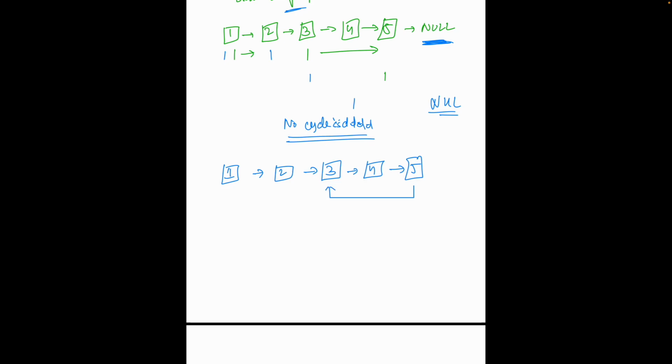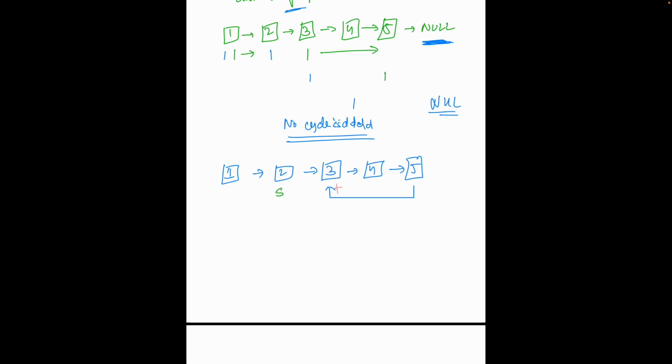So that's the cycle. Now, slow, and let's use a different color for fast. What's going to happen is we move slow 1 point and fast 2 points.